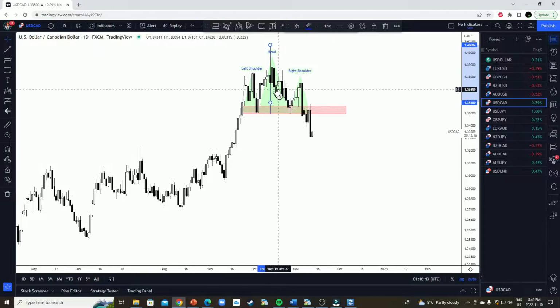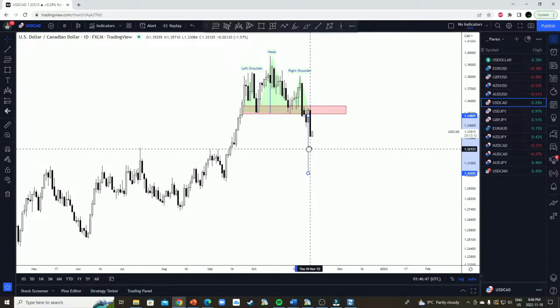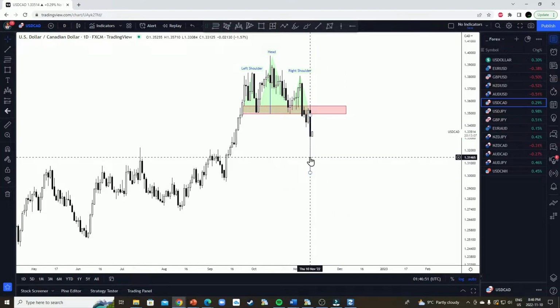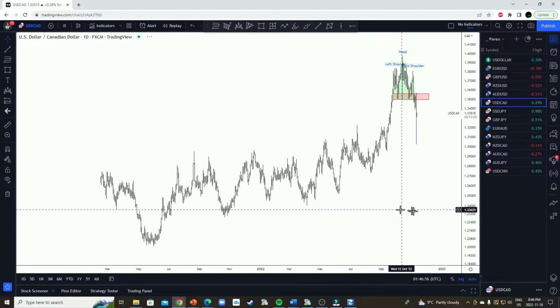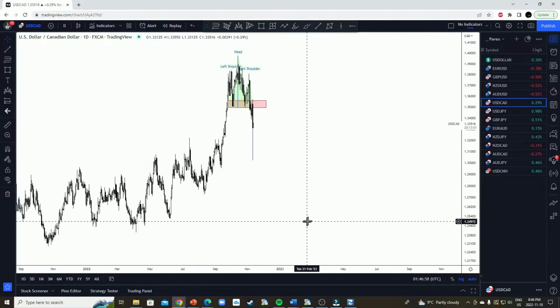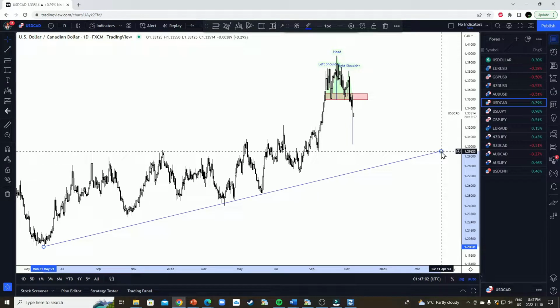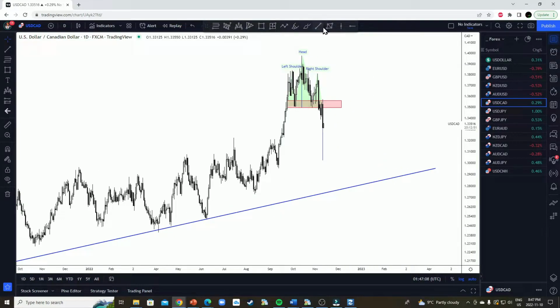So let's clone this line and bring it to here. And this normally would be the target, but there are others. There's a support over here, which is going to play an important role in the future, I'm sure.